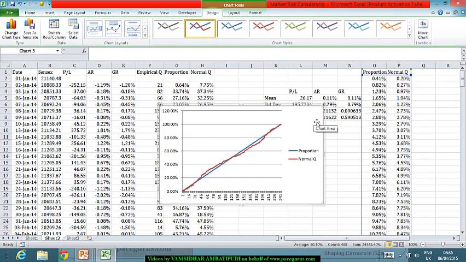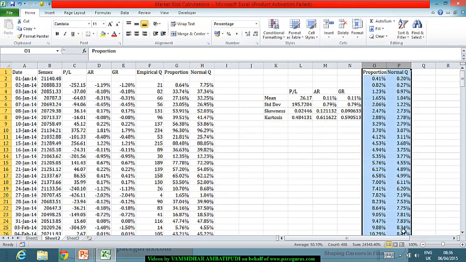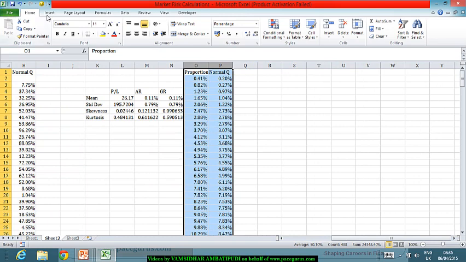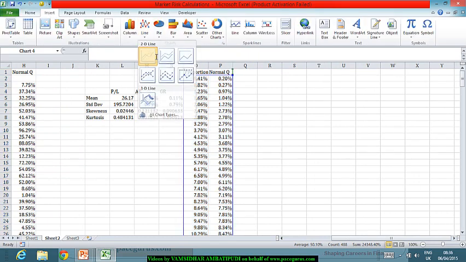On the x-axis, the actual normal quantile I can plot. Now instead of this, let me do a scatter plot. If I am doing a scatter plot, or even a line chart should be fine.